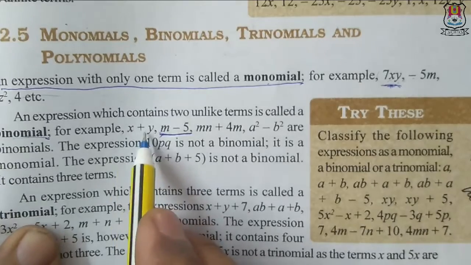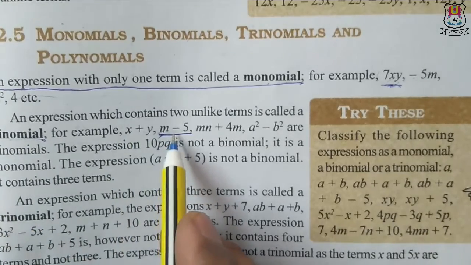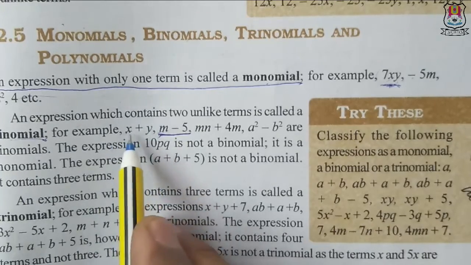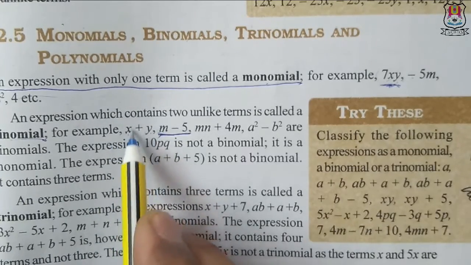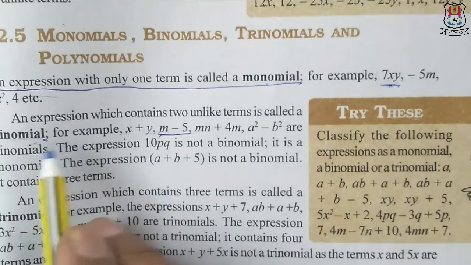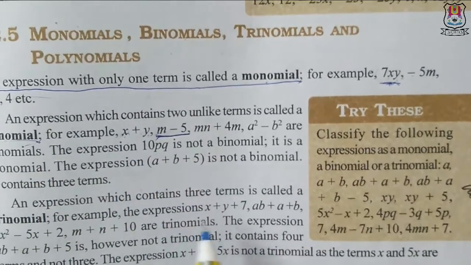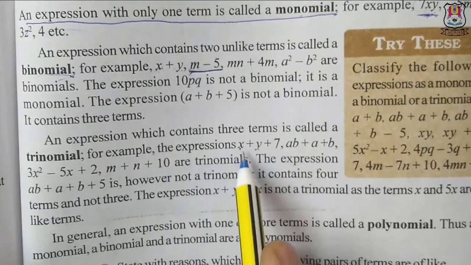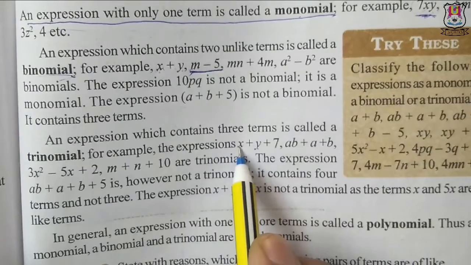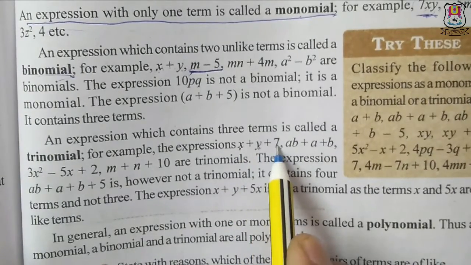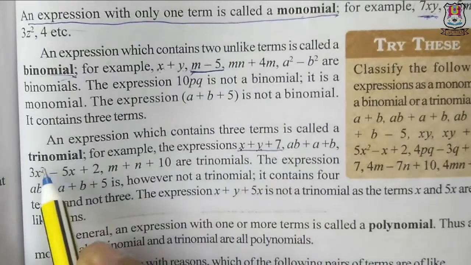In between two terms there is a plus, minus or any other sign, then they are called binomials, because this is one term, this is another term, and there is a plus or minus sign in between them. In the same way, if there are three terms, x plus y plus 7, this is the first term, x, this is the second term, y, this is the third term, 7. So this is called a trinomial.